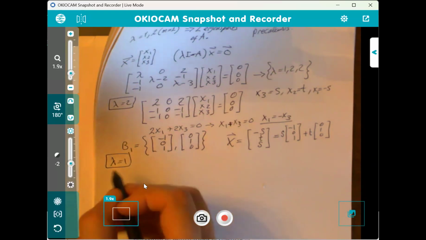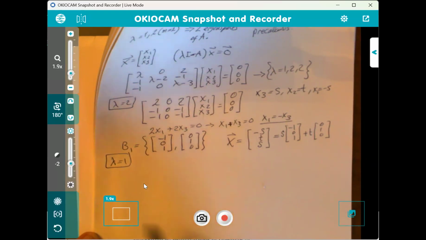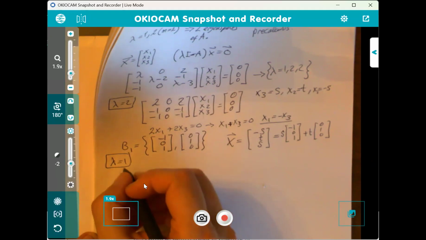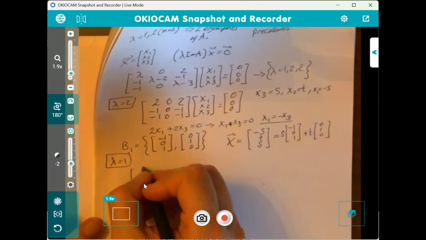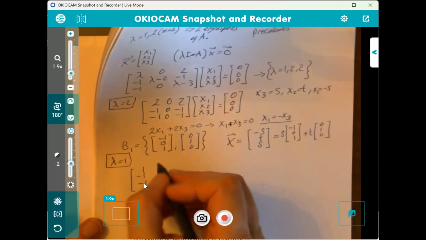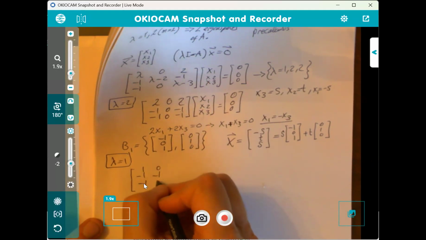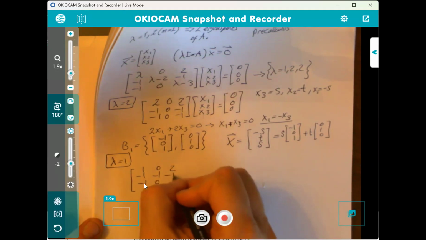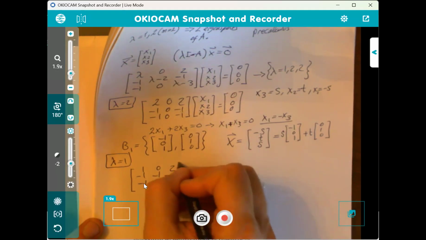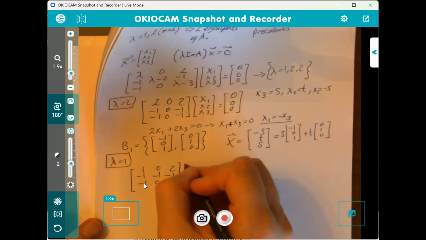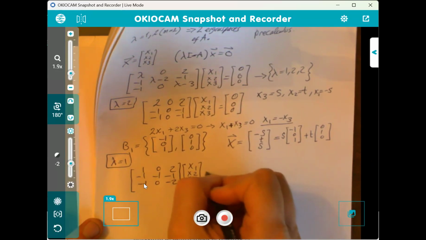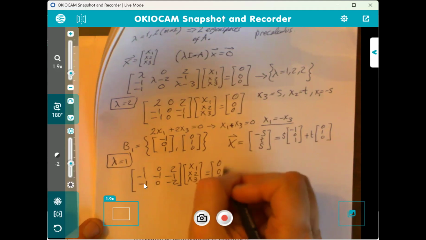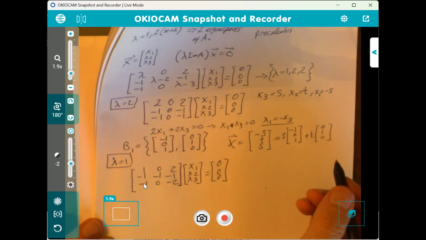Lambda 1 has multiplicity of 1, so we're just going to get 1 basis vector for this one. When lambda is 1, the matrix becomes 1, -1, 1, 0, -1, 0, 2, -1, -2, times the matrix of variables equal to 0, 0, 0, the solution to the homogeneous system.